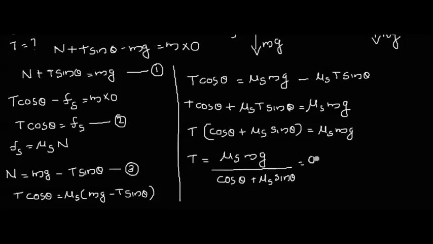The value of mu is given as 0.4 and the mass of the object is given as 100 kg. G, the acceleration due to gravity, is equal to 9.8, divided by cos 30 plus 0.4 into sin 30.